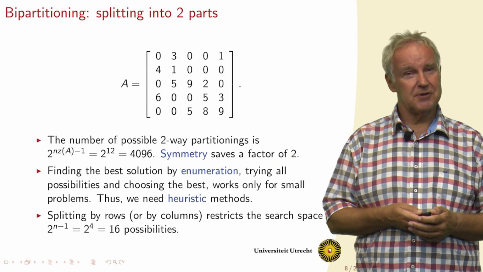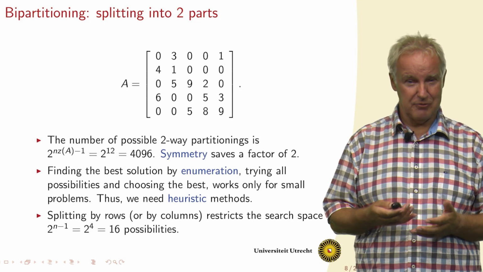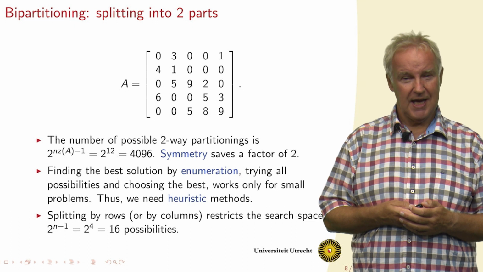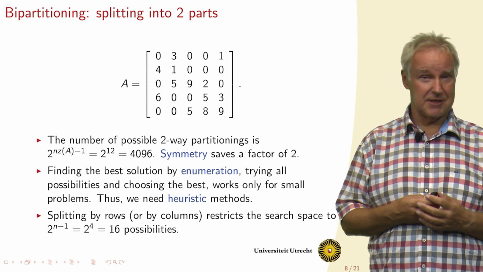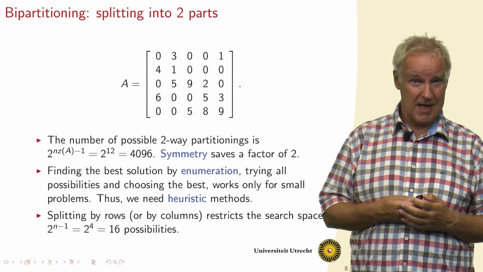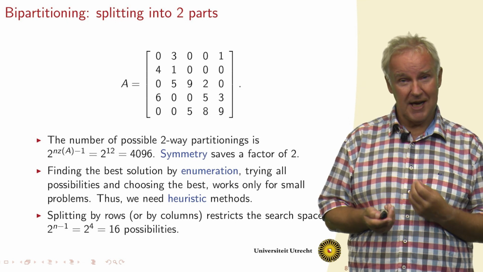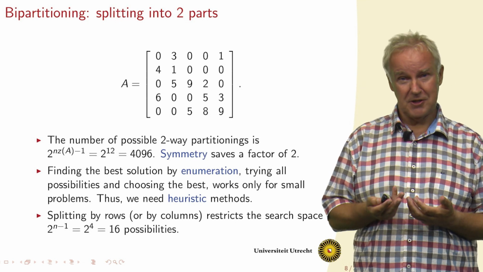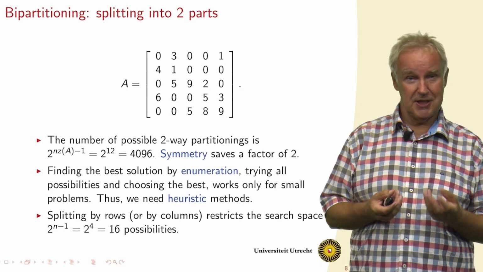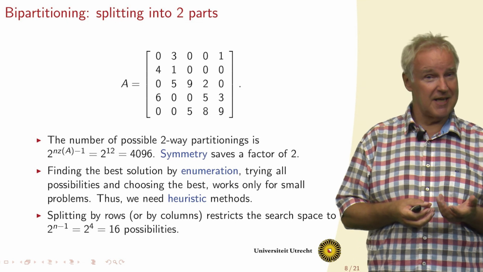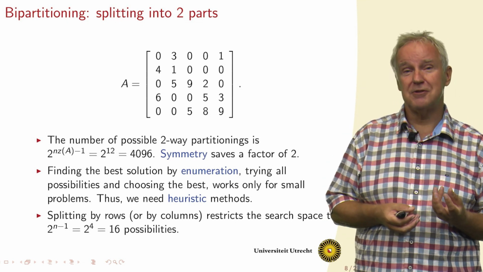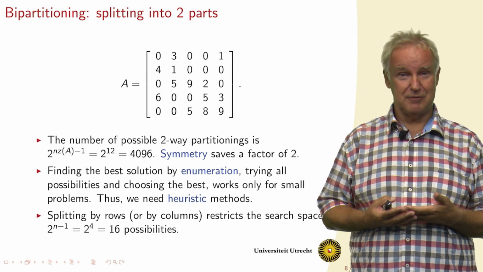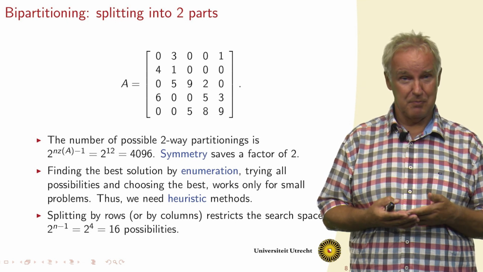So here we consider splitting a matrix, a familiar prime matrix, into two parts. And if we think about it, this matrix has 13 non-zeros. Every non-zero could be either red or blue. So we would have 2 to the power 13 possibilities. And actually we can always, without loss of generality, assign the first non-zero to red. And then we would have 2 to the power 12 possibilities.